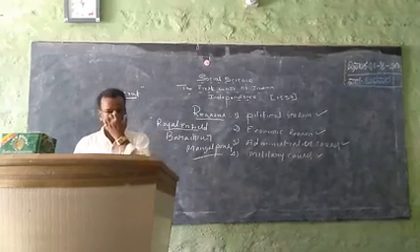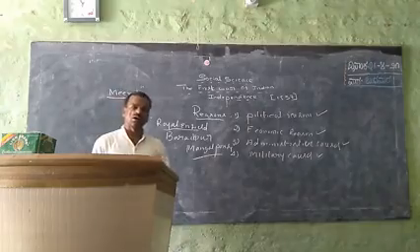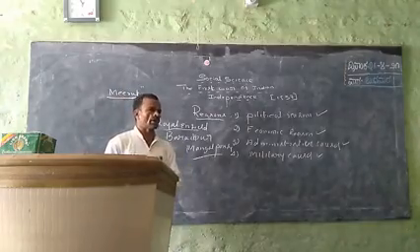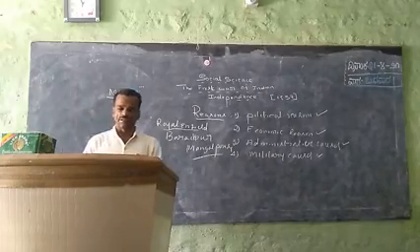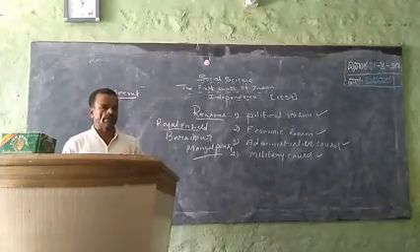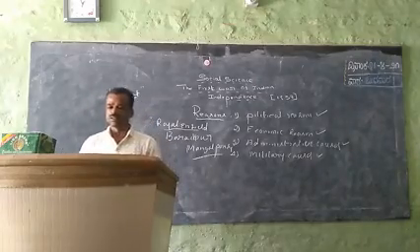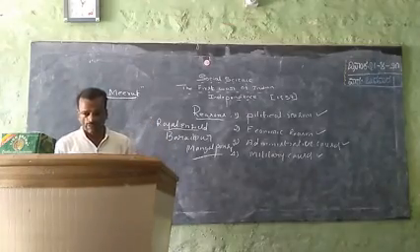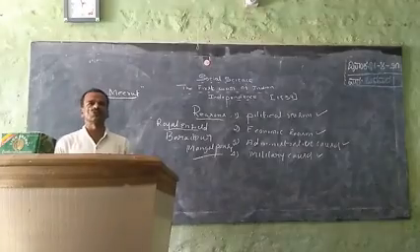Fourth one is equality before law. There is no question of partiality. All Indians are equal in front of the law. Then the last result is non-interference of the government in religious issues.